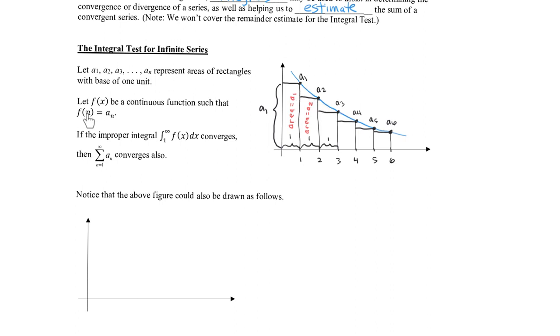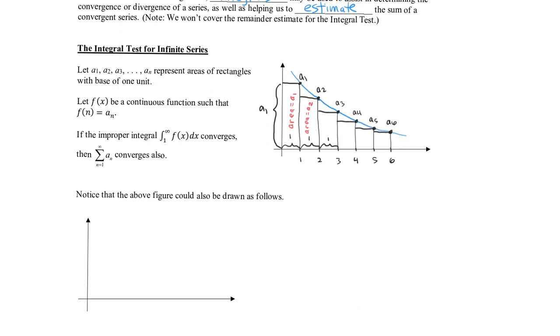So f of 2, for instance, equals a sub 2. At these integer inputs, these discrete inputs, the function's value exists right on the function, so the outputs to these integer inputs follow the curve.